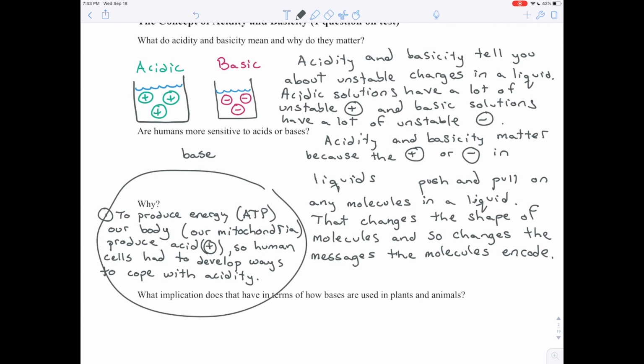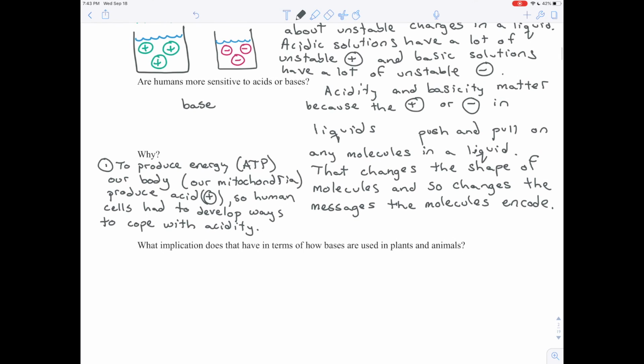Now that's true for humans. It's not true for every creature. There are certainly microbes that can exist there; there are lakes on Earth that are extremely basic. If you remember, the pH scale goes from 0 to 14, where 14 is the most basic thing that could possibly be, and 7 is neutral. So acid, base, 7 is neutral.